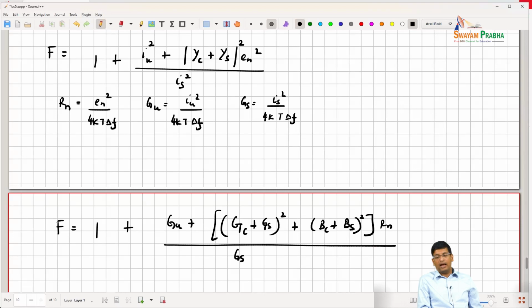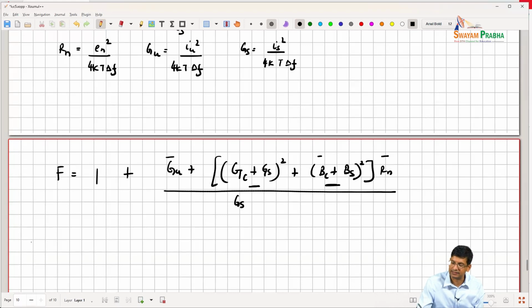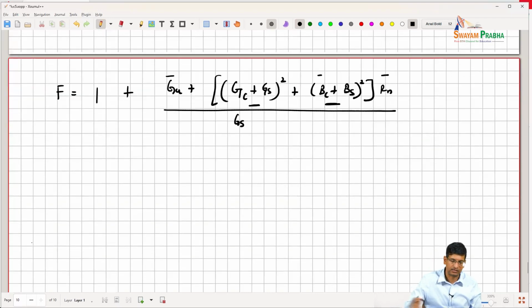right? And why is this interesting? This is interesting because once I've represented my input noise model, which we represented in terms of En, In, Iu, we just found equivalent Gu, Rn, Gc, right, or Yc. So once I've done that, what I see is there is an optimum source impedance that my two-port wants to see in order to achieve the minimum noise factor.